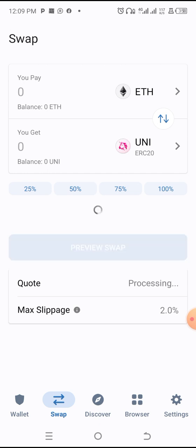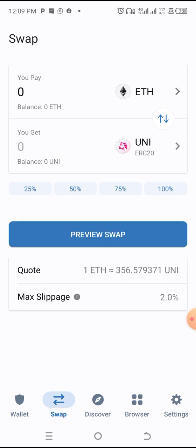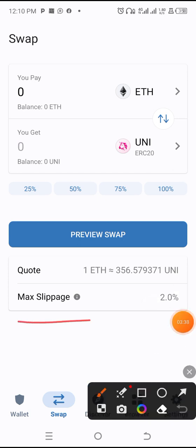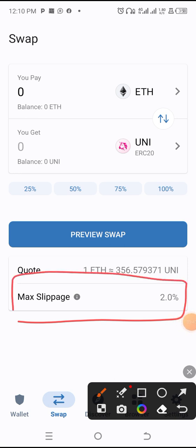As you can see, it's even harder to open their platform here. Let me switch to my mobile data. All right, so like I said, I wouldn't recommend swapping here. There are several reasons why I said so. Gas fee for swapping is also a bigger challenge. The slippage is also a bigger challenge. This is like the slippage, 2%. They're going to take 2% from your swap. Okay, and this is just the slippage fee.